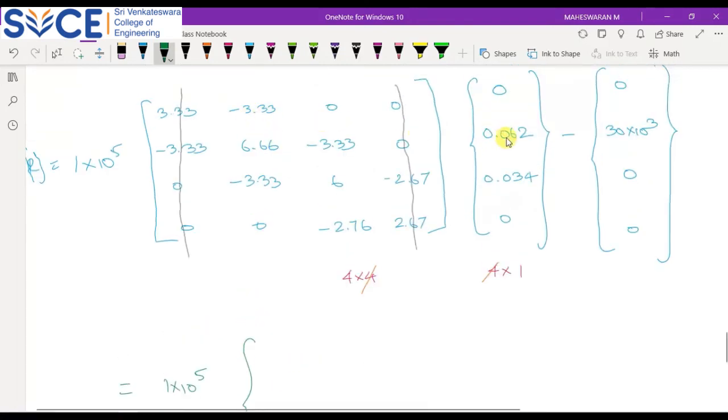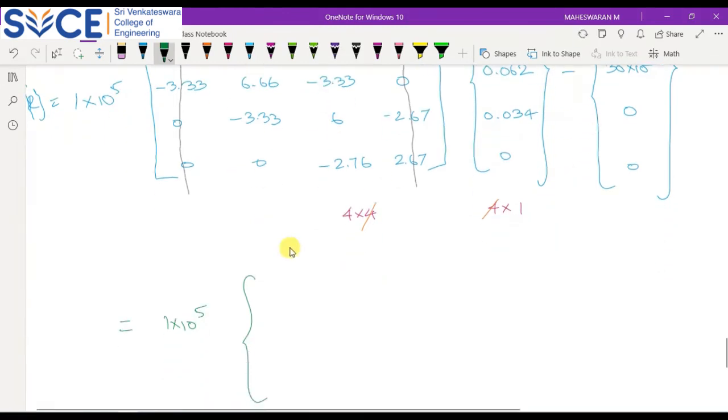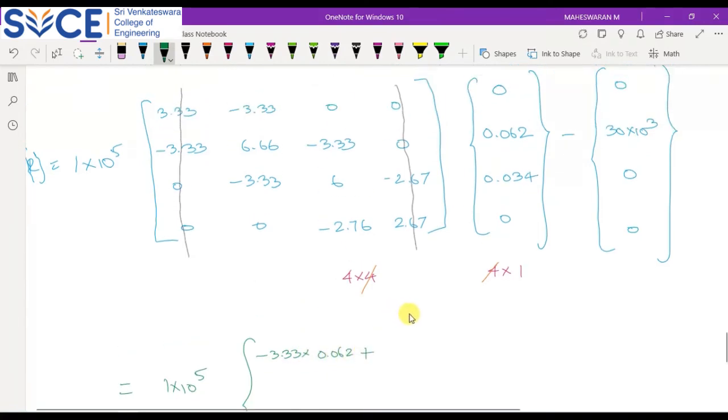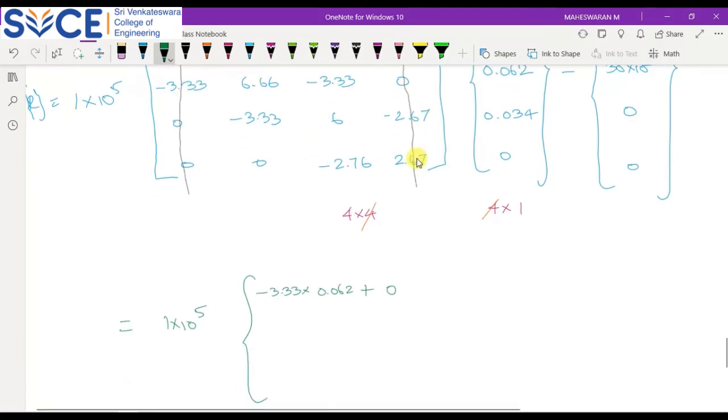minus 3.33 into 0.062, plus 0 into 0, so that becomes 0. Next, 6.66 into 0.062, because this becomes 0, minus 3.33 into 0.034.